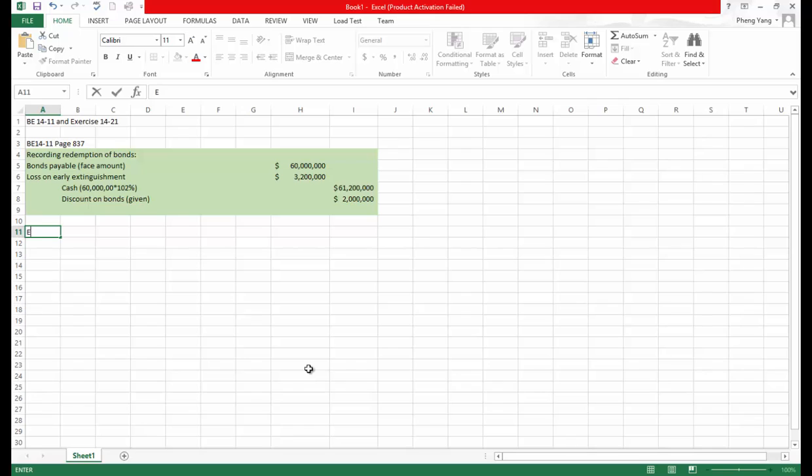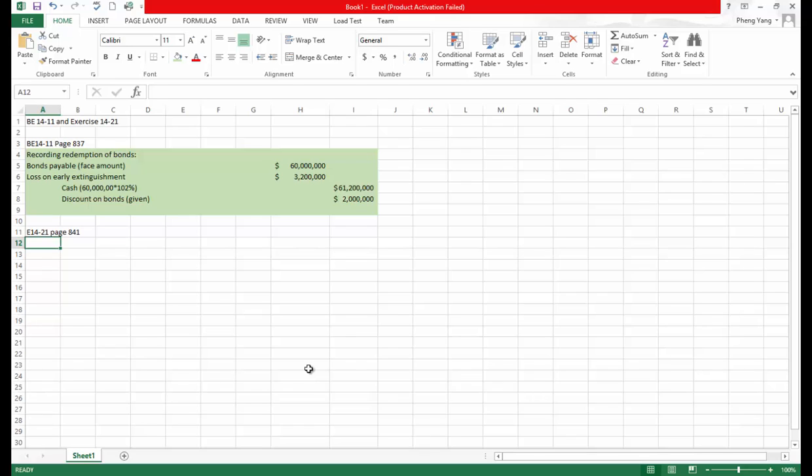For exercise 14-21, this is going to be on page 841. It's on the extinguishment of debt as well. The balance sheet of Indian River Electronics Corporation as of December 31st, 2012 included 12.25% bonds having a face amount of 90 million.